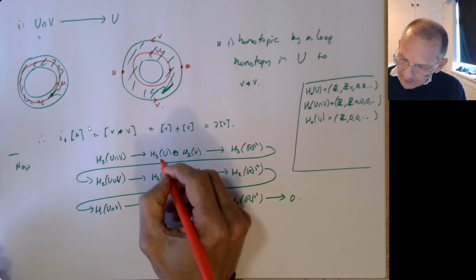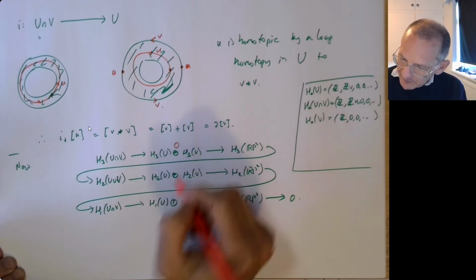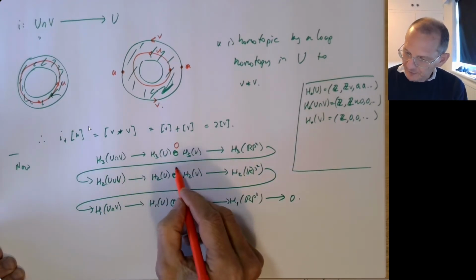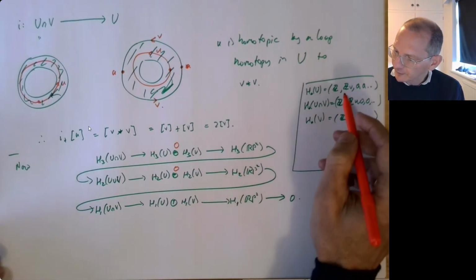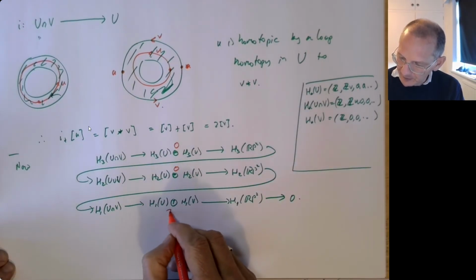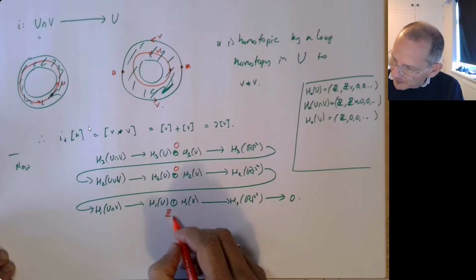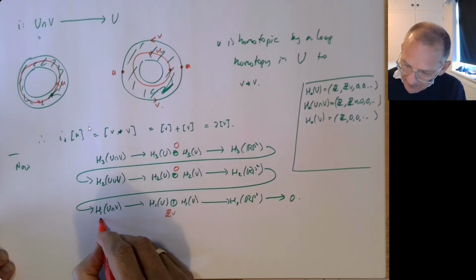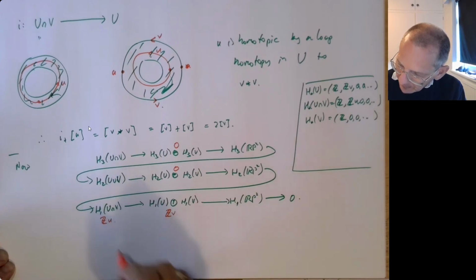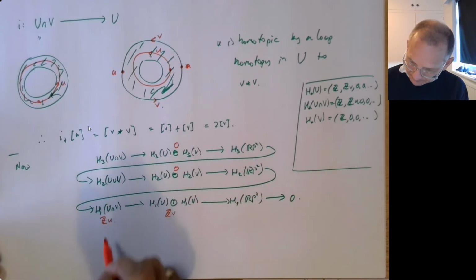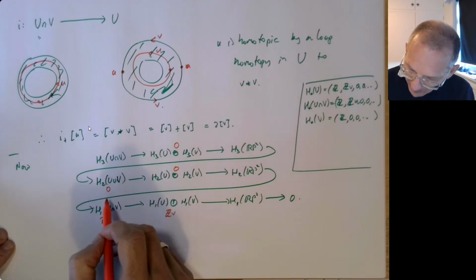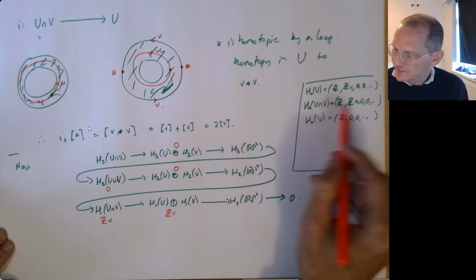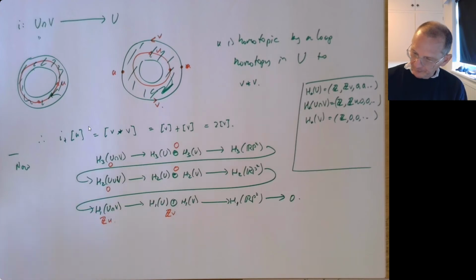So we've got this group here is 0, right? And this group here is 0. Here you've got H1U plus H1V, and H1V is trivial, so here you've just got ZV. Here you've got ZU, and again, the higher homology of U intersect V, which is a circle, is all 0.